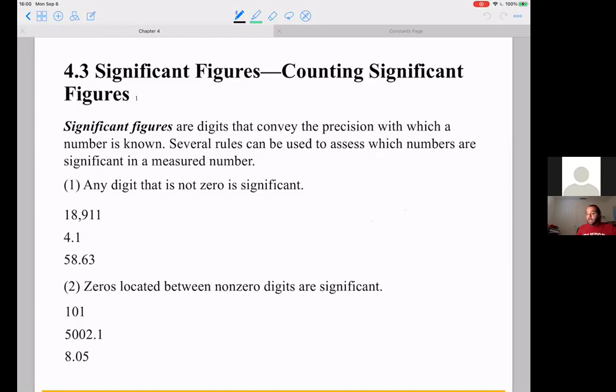Okay, so again, there are going to be different rules. Rule number one is, given a number, any digit that is not 0 is considered a significant digit. So right off the bat, just FYI, zeros are going to be the trickier ones here, okay? But any number that's not 0, we automatically know is significant.